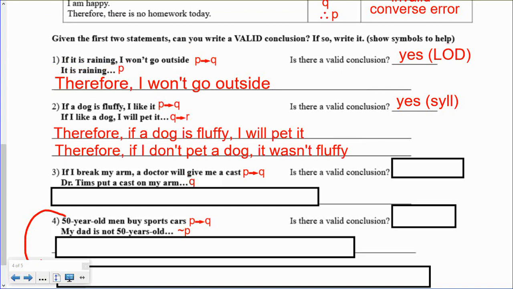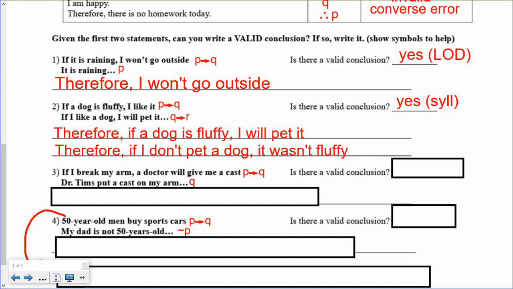If I don't pet a dog, then it wasn't fluffy. Remember, contrapositive is when you take the original idea, swap the order, and write the opposite.